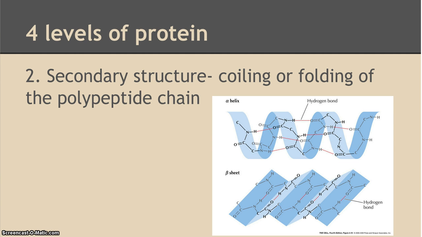And now we're actually getting a little bit of shape. We call the coiling the alpha helix. And as you can see, these red dots here are actually hydrogen bonds in between the amino acids, which is going to help it hold the shape. And in the beta-pleated sheet, we have those hydrogen bonds again. So if it's folding, it becomes the beta-pleated sheet.